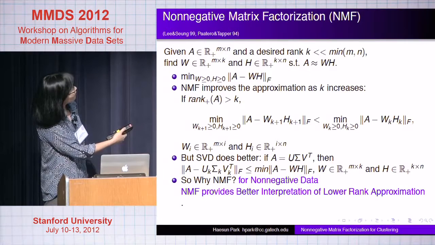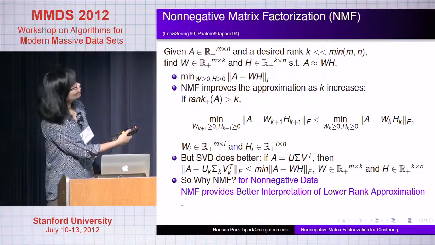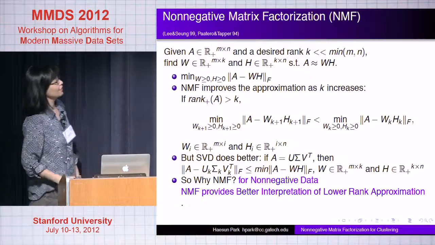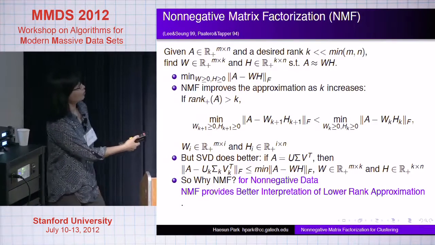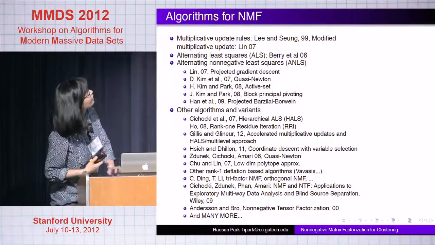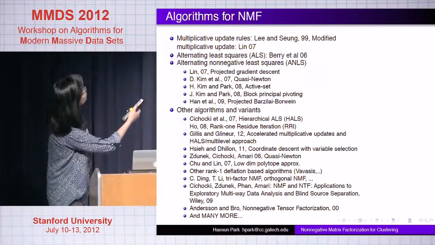Suppose the measure is Frobenius norm or L2 norm, then we cannot beat SVD. So the NMF residual will always be at least as large as SVD, but NMF offers some other advantages. For non-negative data, it offers a better interpretation of the result. I will tell you more about what we mean by better interpretation.